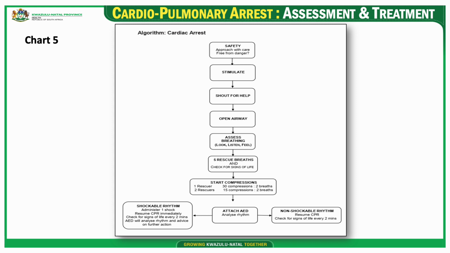The most important thing about CPR is to make sure that you reassess every 2 minutes. Your AED will analyze the rhythm and advise you on any further action. If it's a non-shockable rhythm, you are going to resume your CPR and check for signs of life every 2 minutes.